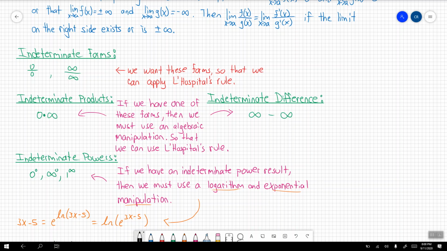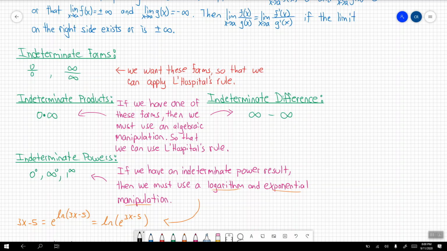And finally, we have these indeterminate powers. These are going to be of the form 0 to the power of 0, infinity to the power of 0, or 1 to the power of infinity.